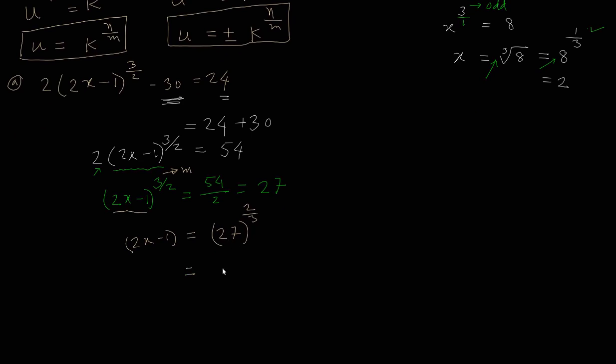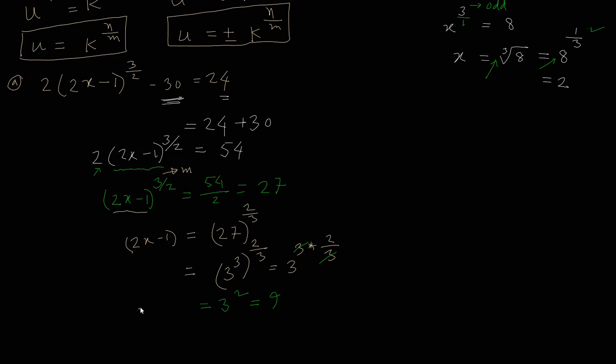27 I can write as 3 cube, power 2 over 3, which is 3 cube multiplied by 2 over 3. You can see these 3s cancel out, so I am left with 3 square, which is equal to 9.